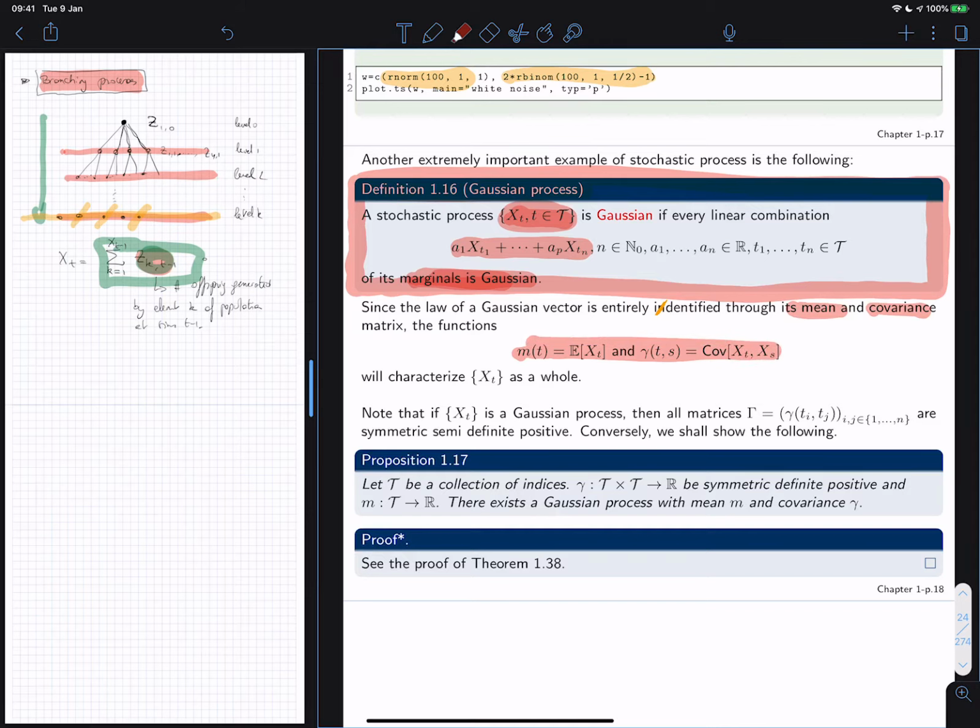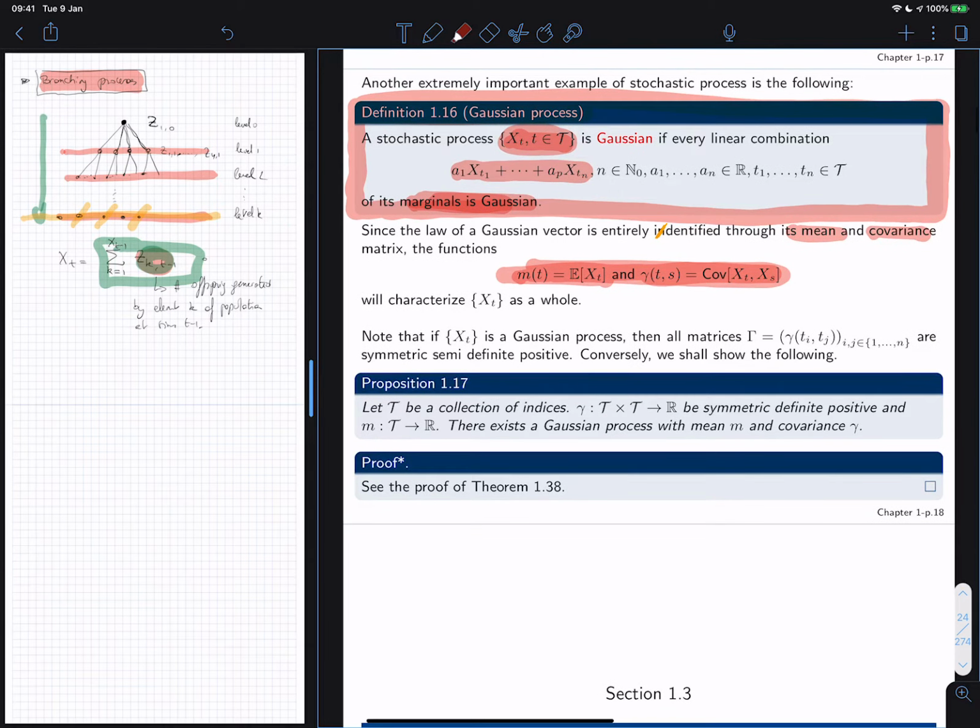And also to define the covariance function, gamma of t, s. Not so obvious is that any Gaussian process defines a specific mean function and a specific covariance function, and vice versa. Any covariance function gamma and any mean function define a Gaussian process with that mean and that covariance.